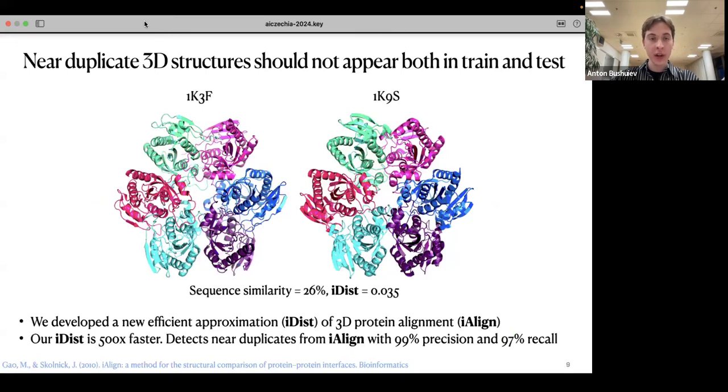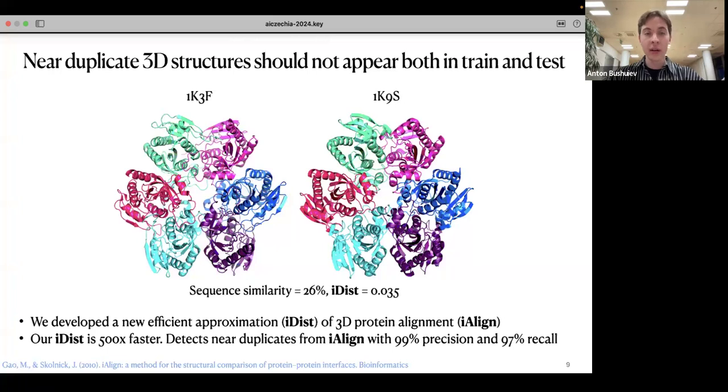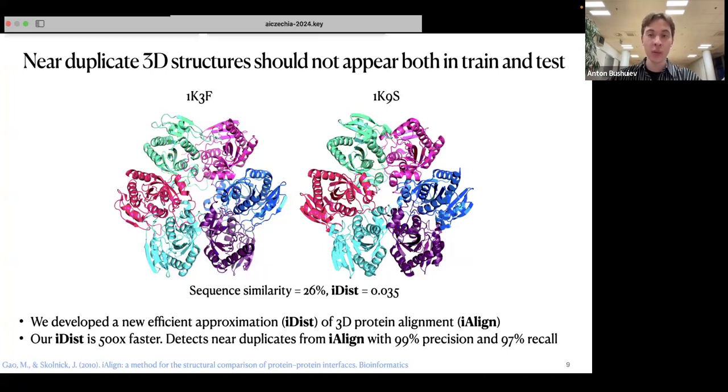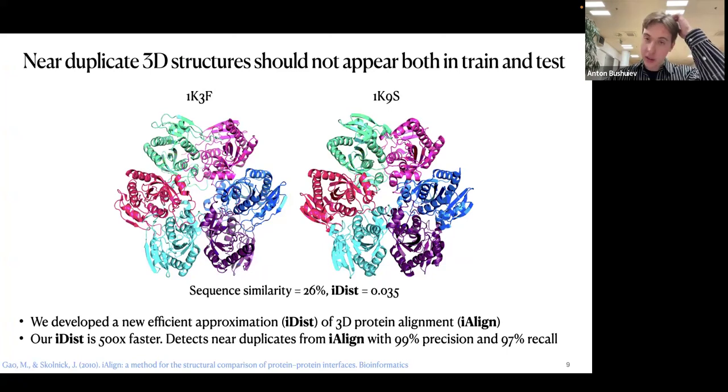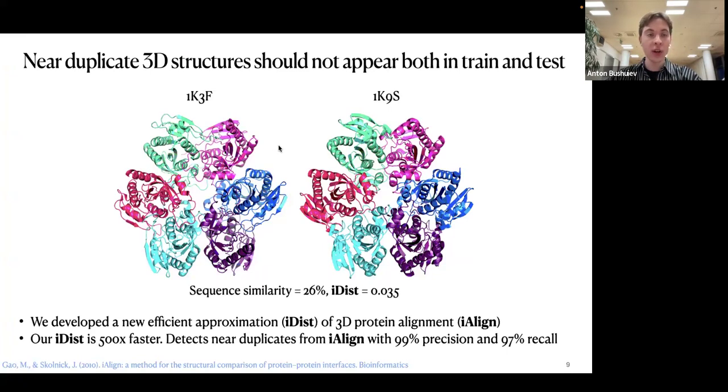And for example, if we take a look at the data set, so here are 2 entries that we have. And visually, we can see that they represent identical interaction, but these are different entries in the data set. So we need to somehow separate them, so to have both of them either in the training set or the test set. And it turns out that it's not really trivial.